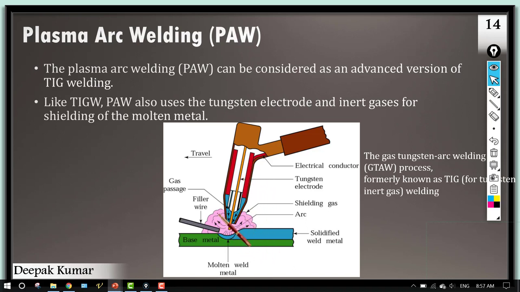And there is a shielding gas which is used to cover the molten metal to avoid any contamination of it. That shielding gas is also used in plasma arc welding.